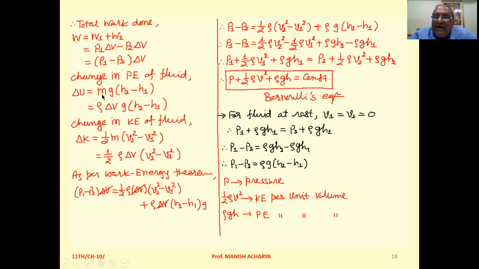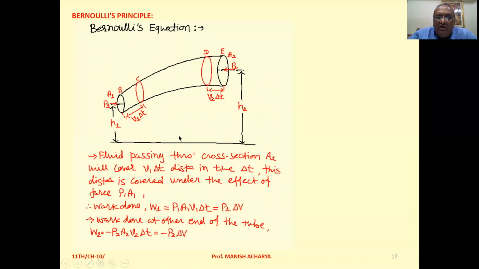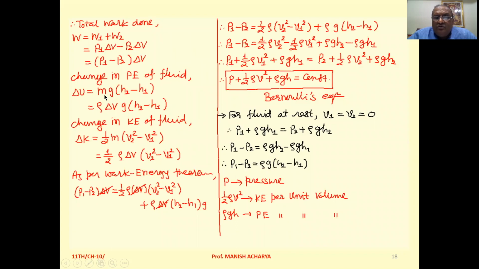But what is the mass of the fluid? So mass of the fluid, that is volume into density. We already calculated the volume, that is delta V, into density rho. So mass is replaced by rho into delta V, g as it is, h2 minus h1. So this is the change in potential energy.